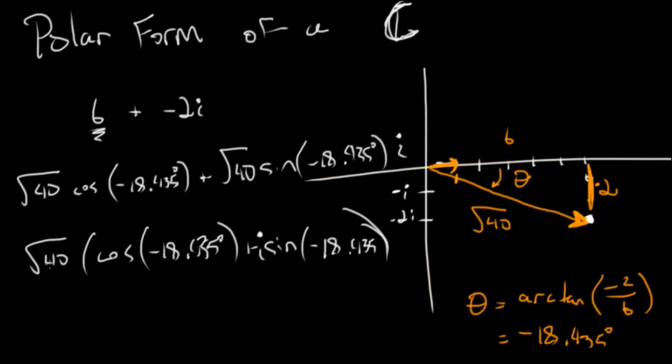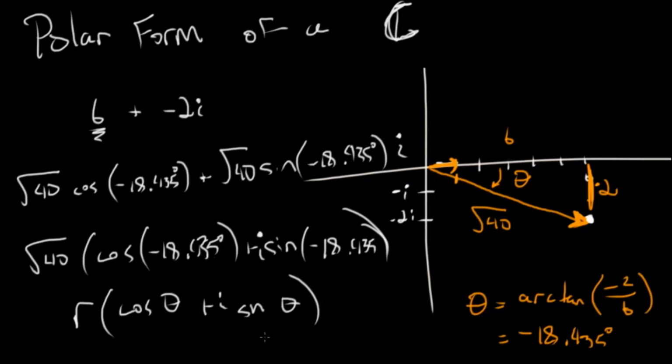What is root 40? In polar form, that is its distance from the pole, so we're going to call that r. Then we have cosine theta, that's its angle with the polar x-axis. Here it's negative. Plus i sine that same angle. And this is what we call the polar form.